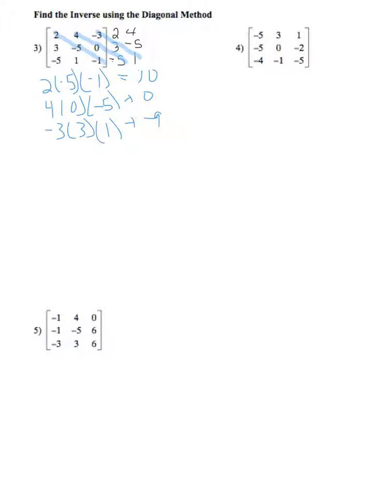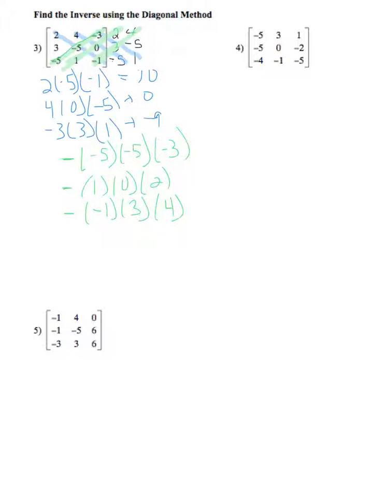Okay, now I need to take this and this and this. I'm going to do the same thing to those 3 diagonals, but I'm going to subtract them. So I'm going to subtract negative 5 times negative 5 times negative 3, subtract 1 times 0 times 2, subtract negative 1 times 3 times 4.